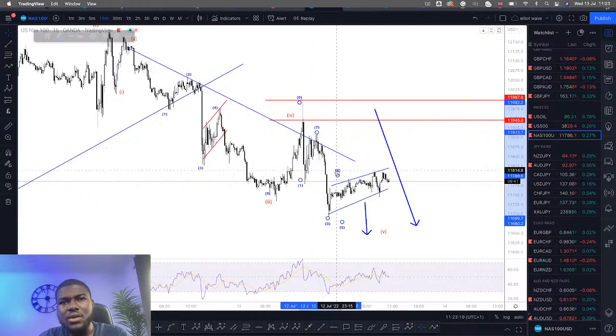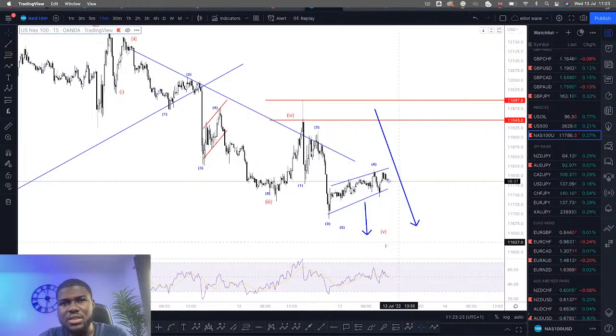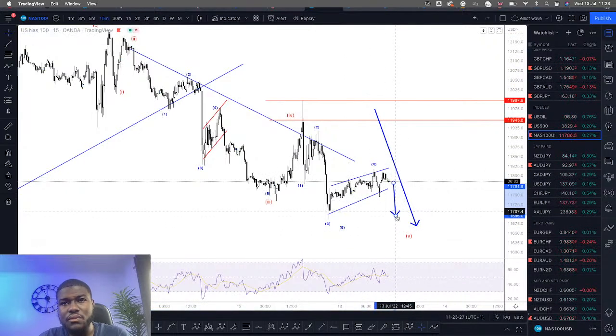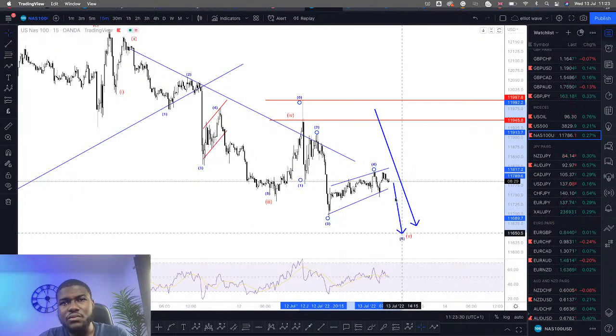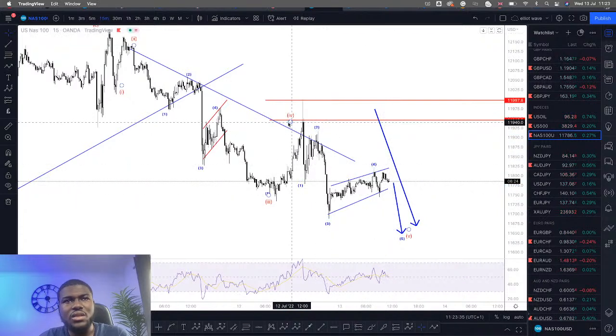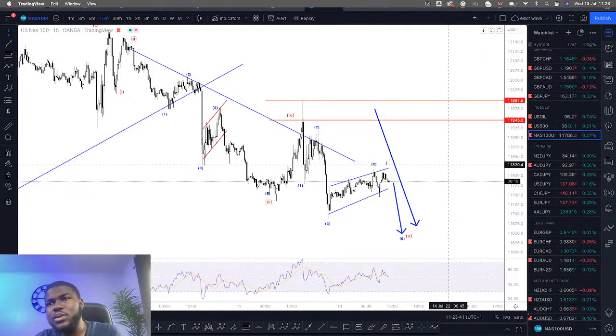So let's see how it's going to go today, because obviously this is a correction and there's still going to be a pull to the downside. It's going to be a massive drop from anywhere in this region. So far the invalidation level is behind wave 2, somewhere here. So guys, that's that about NASDAQ.